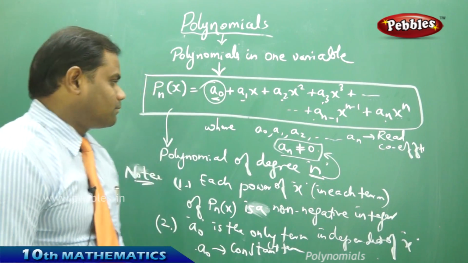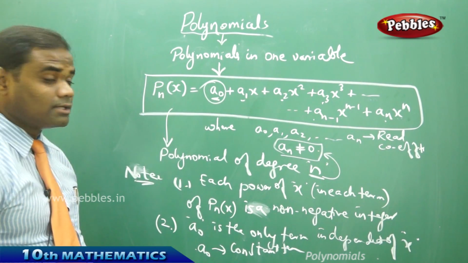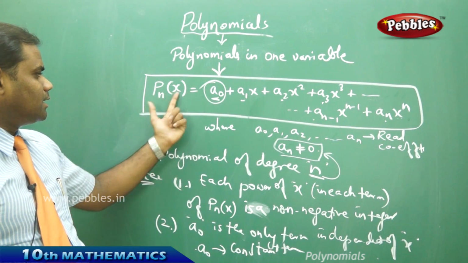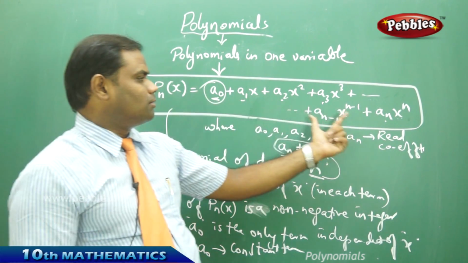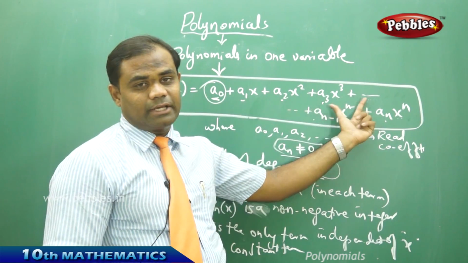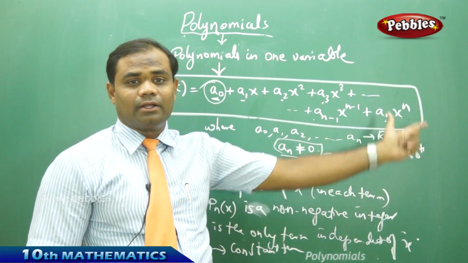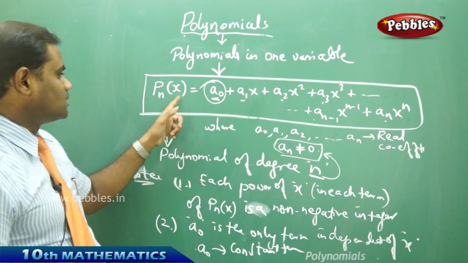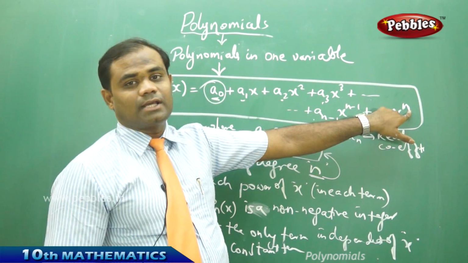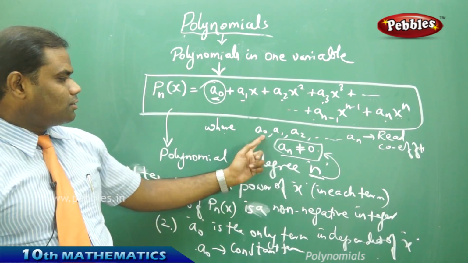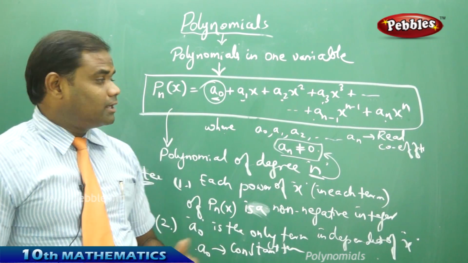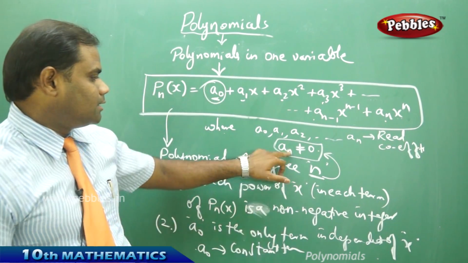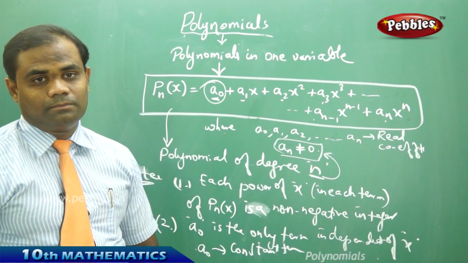Let's recap how we define a polynomial in single variable x. A polynomial, generally denoted by Pn of x, is written in the form a0 plus a1x plus a2x squared and so on till anx power n. It is called a polynomial of degree n because the highest power is n, where each of the coefficients a0, a1, a2 until an are real coefficients, and an is not equal to 0.